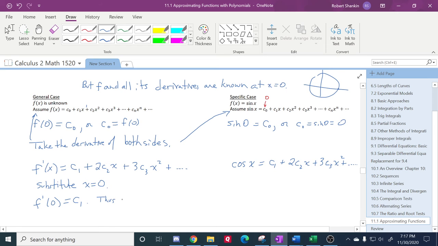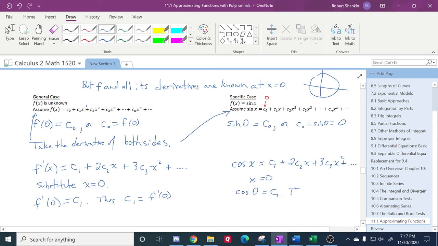Plus, we've just found C1. And then if we put 0 in over here, you get cosine of 0 equals. Everything zeroes out. All you get is C1.